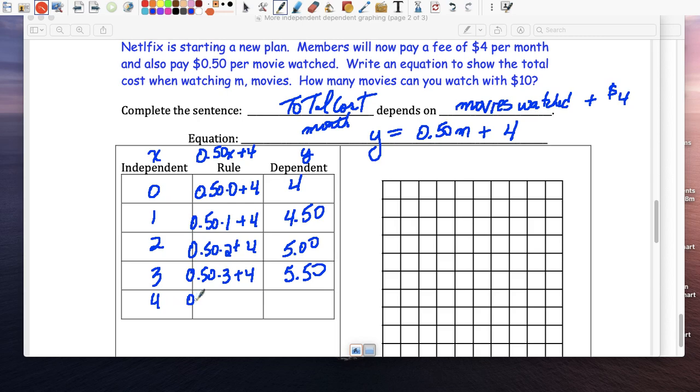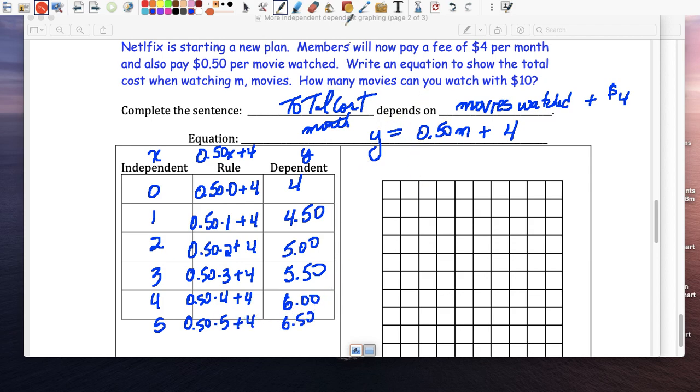If you watch 4 movies, pay $2 plus 4, which gives you 6. And then 5. 50 cents times 5, which is $2.50 plus 4. You would end up paying Netflix $6.50.